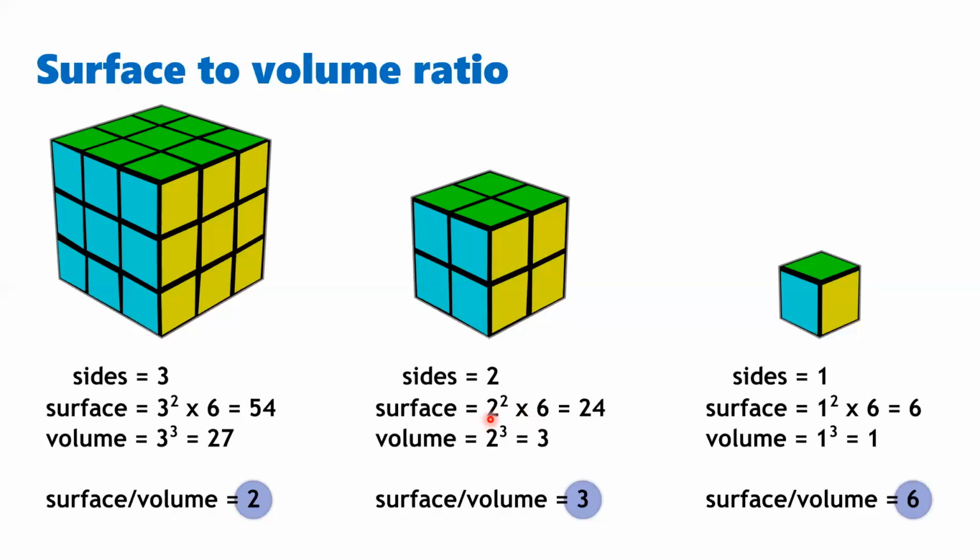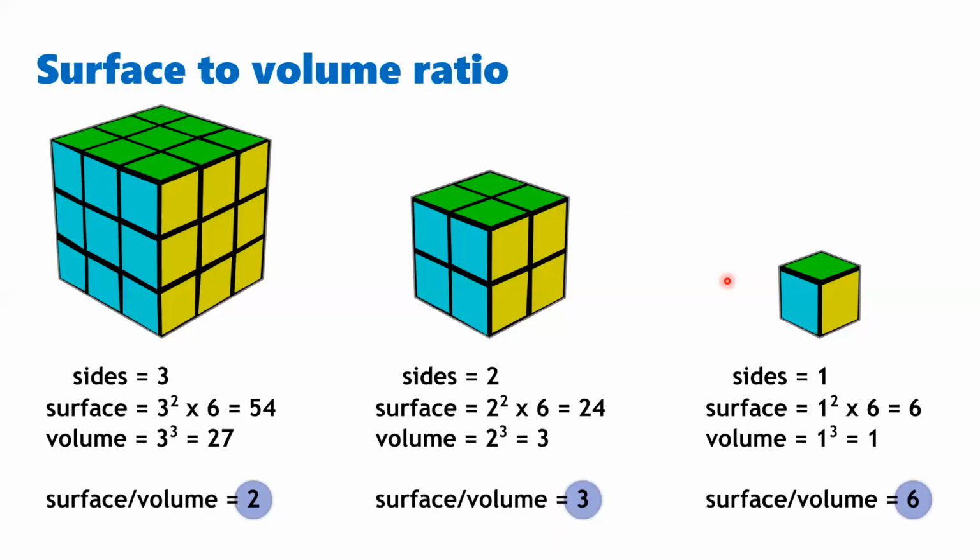So, totally 24. Now, how to calculate the volume? Volume is nothing but x cube, where x is the side. So, 2 cube, it should be 8. It is not 3, it is 8. Now, surface to volume ratio is 3.